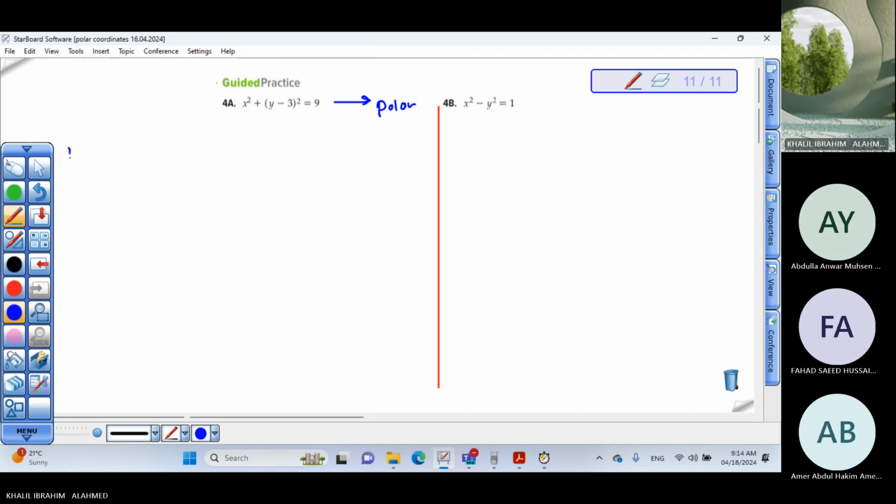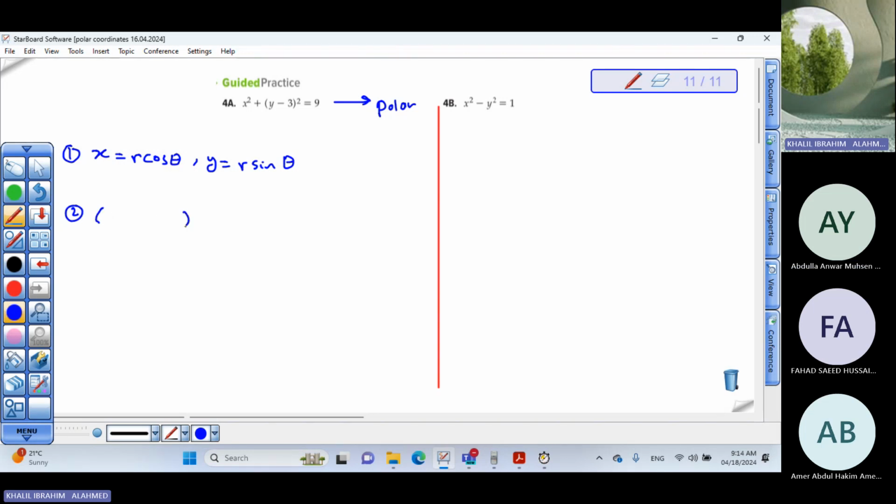Step 1: replace each x with r cosine theta, and y with r sine theta.